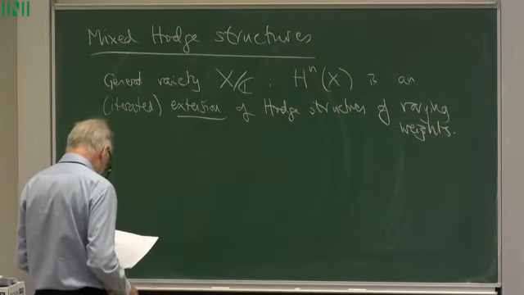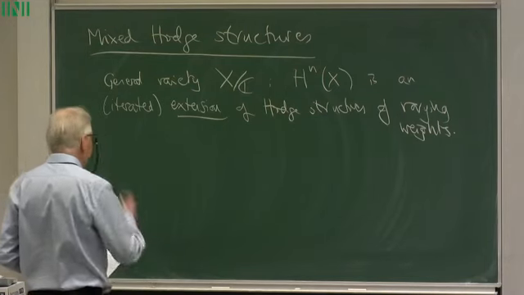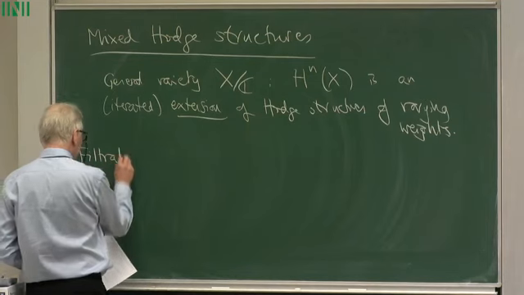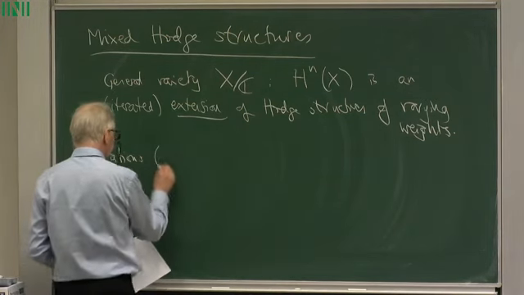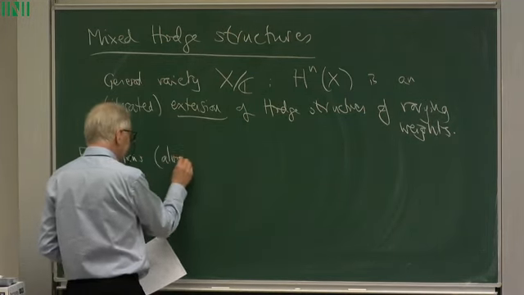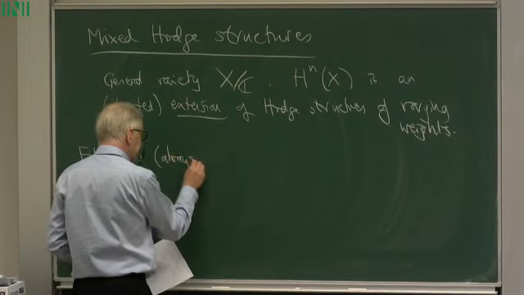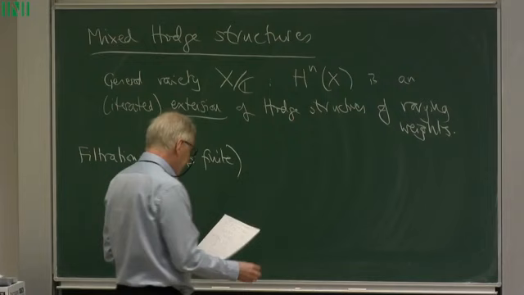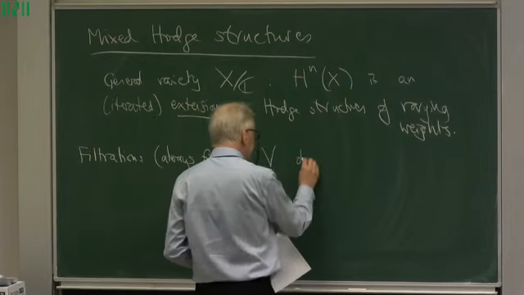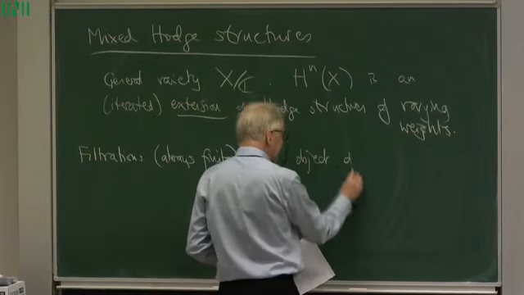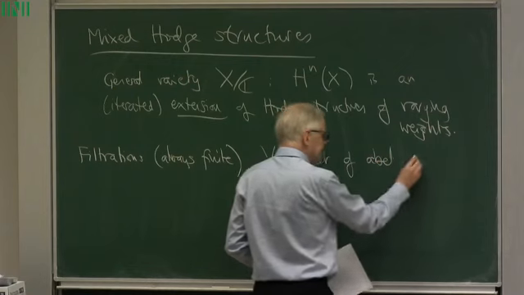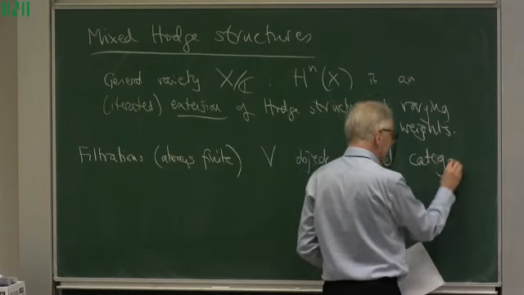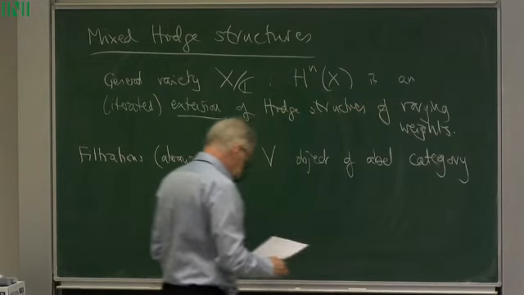Okay, so the name of the game here is filtrations. Just to fix ideas, filtrations, which for this talk will always be finite. So we just mean that we have V, some object of an abelian category. And then we have increasing and decreasing filtrations.